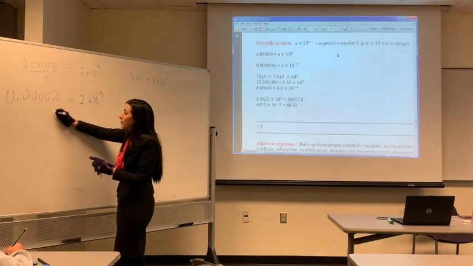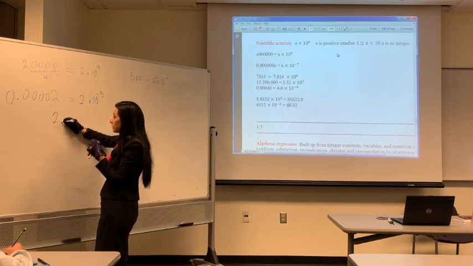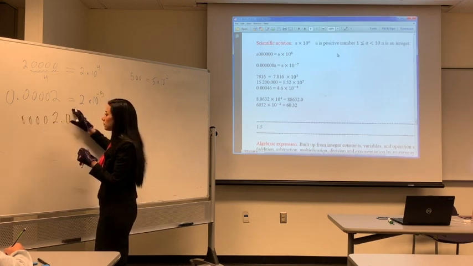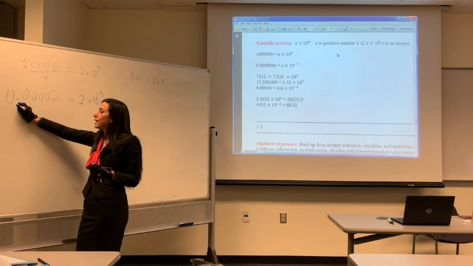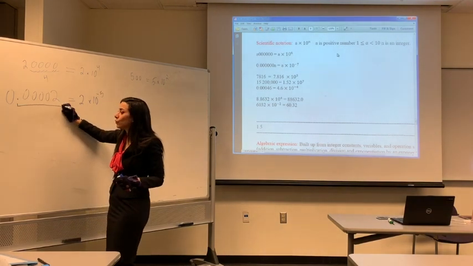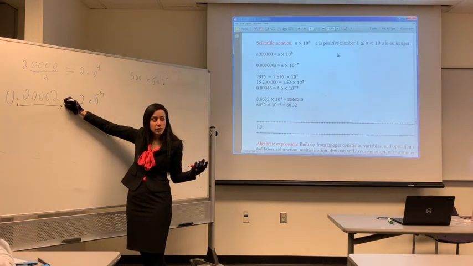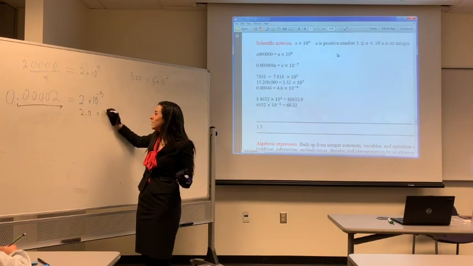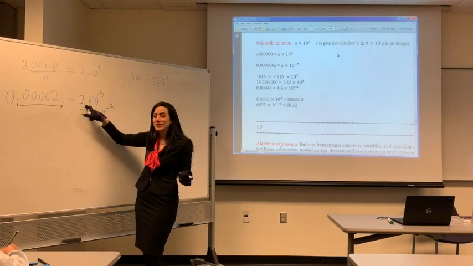So how does it work? Let me say that. You will say the decimal was here, and you are moving the decimal to where? To after 2, which is 5 places. Can you imagine what's happening? 2.0 multiply 10 power negative 5, correct? 2.0 is 2 itself.